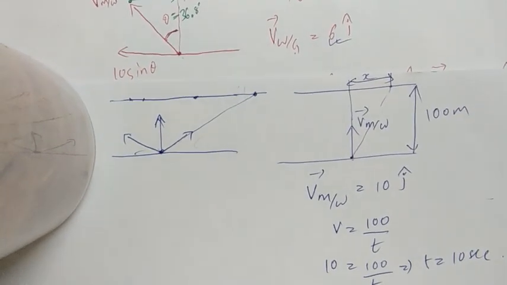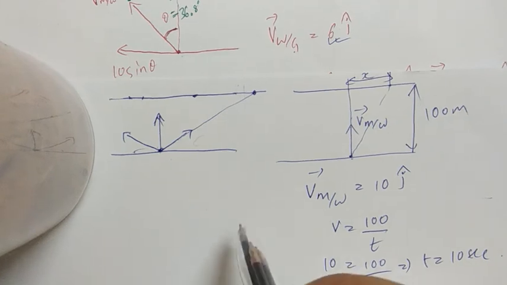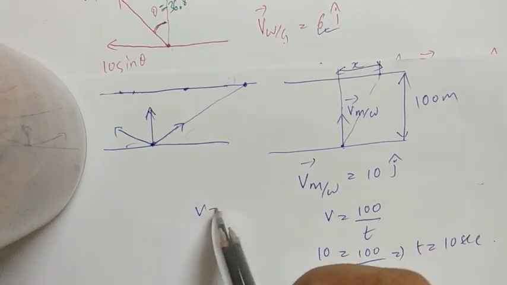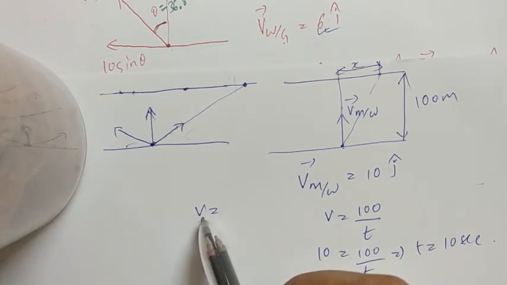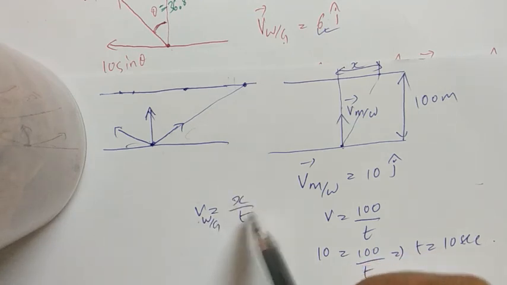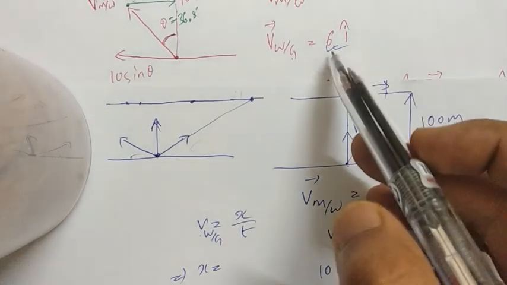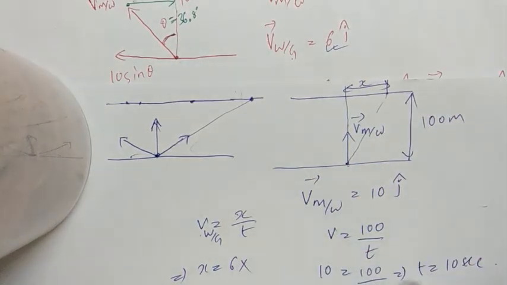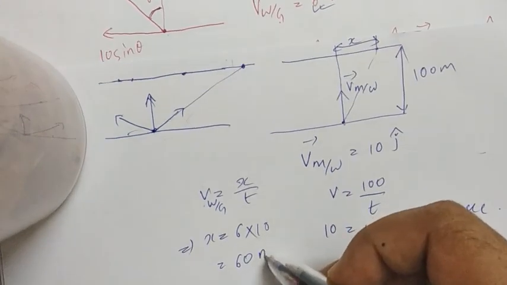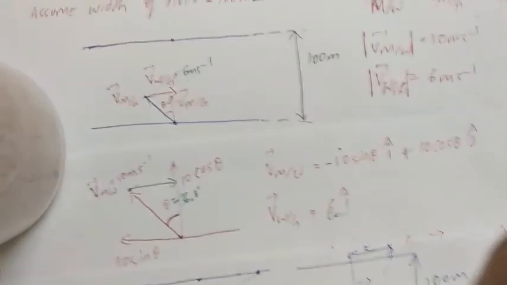We have already determined the time, that is 10 seconds. We can use again the same formula, that is velocity of water with respect to ground is equal to x by time. So x equal to 6 meter per second into time, which we have already determined as 10 seconds. So his drift would be 60 meters. So in this way we can solve this problem.